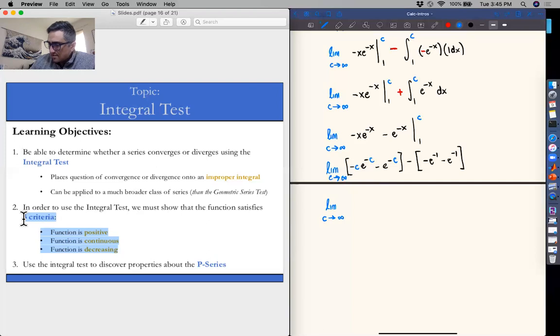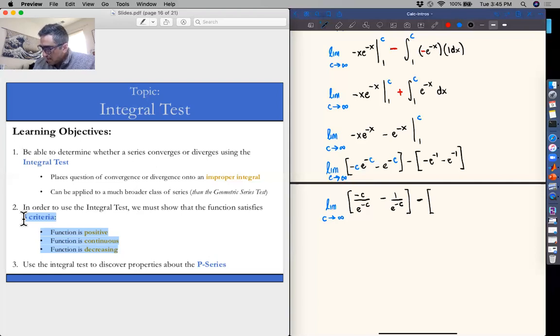And just to practice a little bit of our algebra before, all of those e to the minus c's, I'm just going to rewrite that as a 1 over e to the c. So this first term for us will be a minus c all over e to the c, minus 1 over e to the c. And of course, that second term, we could recombine some of these terms.